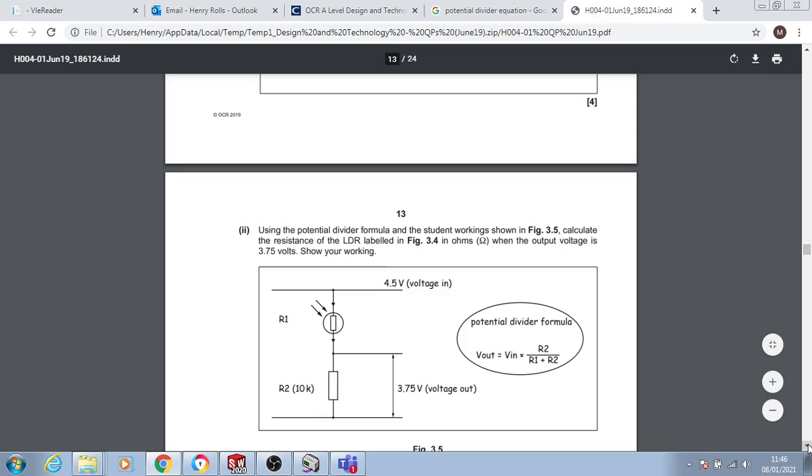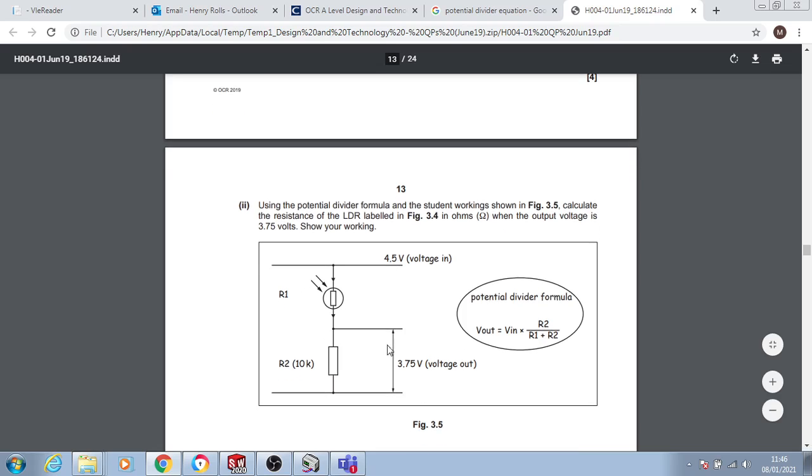So in this case, we are given the voltage in, and we're looking to see what resistance this will be when we get 3.75 volts. So it's kind of reverse engineering this. Now you might find some of you can work out that ratio quite easily to work out what R1 is to get that voltage drop.